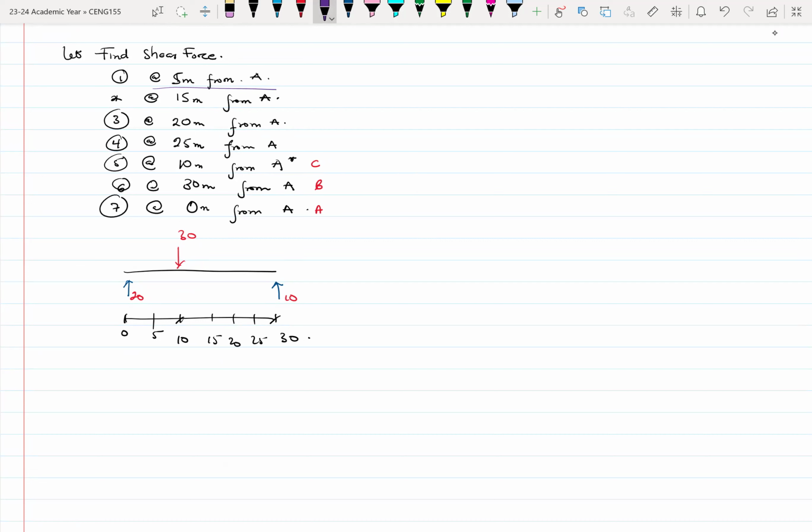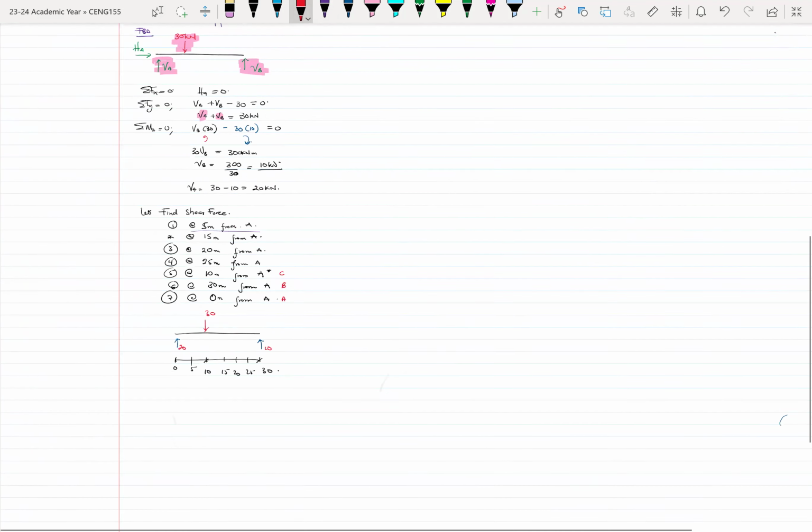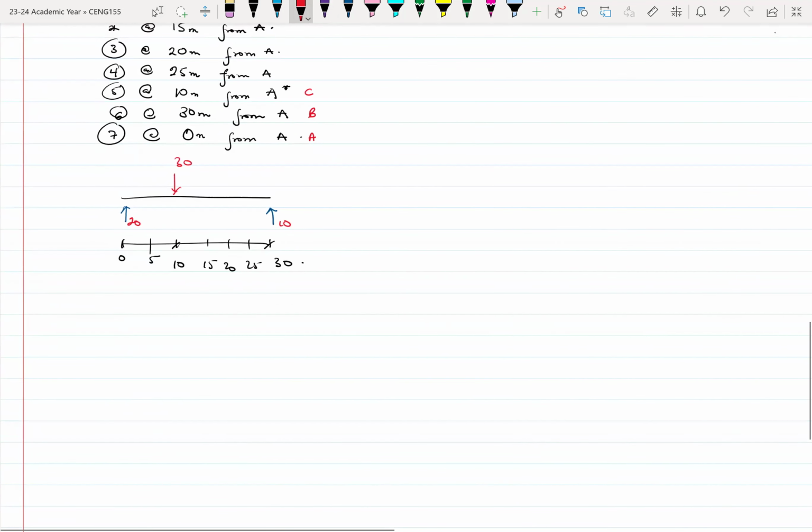The first thing is that I want to find my shear force at 5 meters from A. Anytime you want to find an internal behavior, you have to cut the section at that point. It's going to be a lot of writing, but you'll see that things keep repeating.